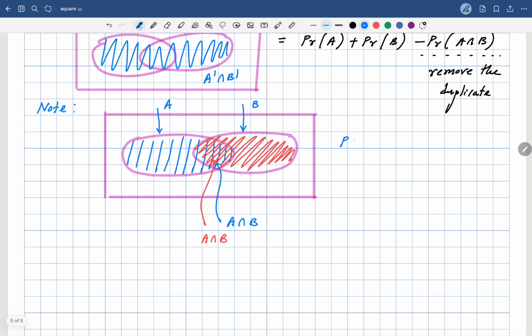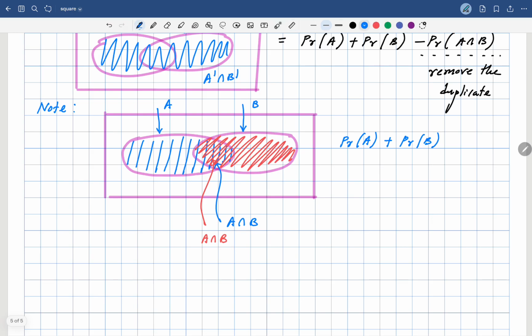When you are taking probability of A, added to probability of B, right? So this is what mainly we did. Probability of A means this whole thing, and then adding probability of B, which is this whole thing. Now you can see double count here, right?